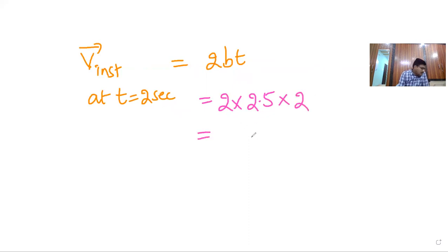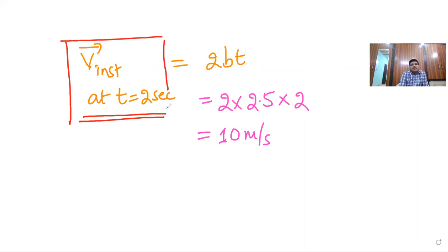Then finally it becomes 10 meter per second in simplification. So the instantaneous velocity at time t is equal to 2 is nothing but 10 meter per second.